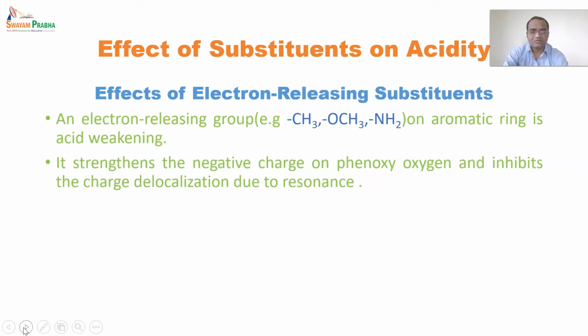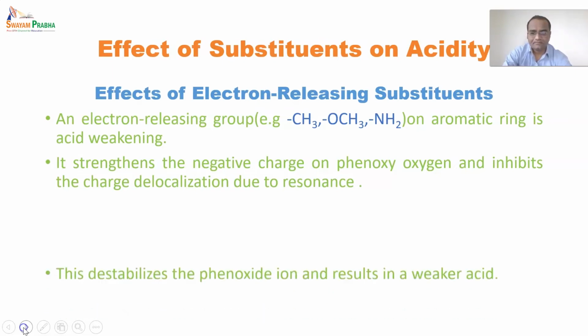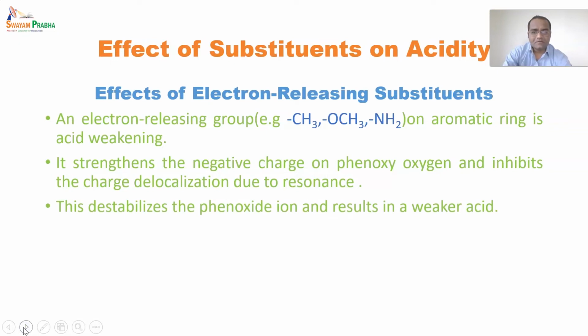So in the resonance structures we have seen so far for phenoxy, when the negative charge increases on oxygen, there is no delocalization of charge, and due to which there is no resonance, and this destabilizes the phenoxide ion and results in a weaker acid. I have taken an example that paracresol is less acidic than phenol.